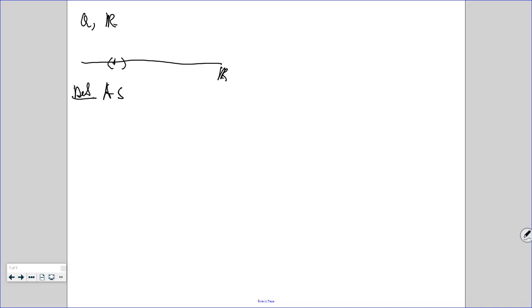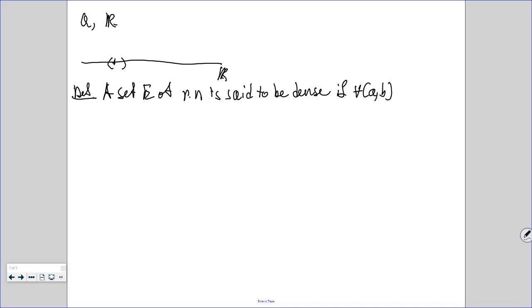So a set E of real numbers is said to be dense if every interval (a, b) contains a point of E. The set of rational numbers is dense.